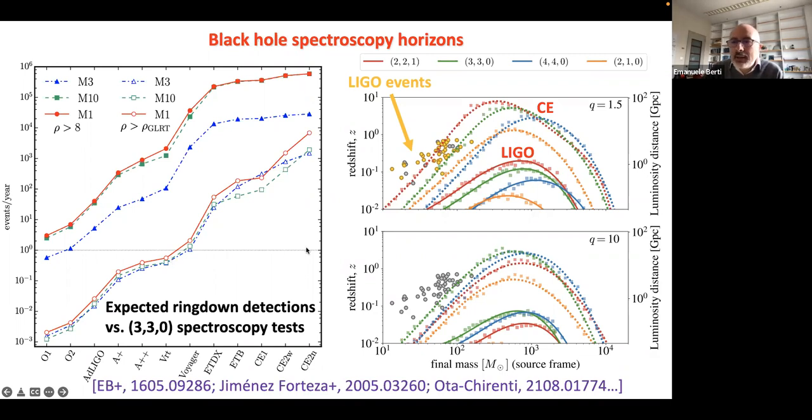And with LISA, you will do it pretty much with every detection. These results were confirmed later, for example, in this paper by Ota and Chirenti, where they did more refined calculations, but they similarly showed that if you take the sample of LIGO events, you can only do black hole spectroscopy when you are within what they call redshift horizons. And so with LIGO, you cannot do it, but as you build better and better facilities, you will be able to do it.